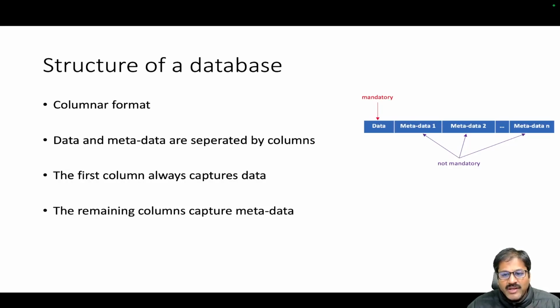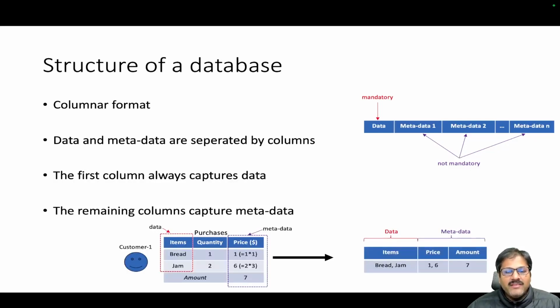The data you create has to be in columnar format with the first column always representing the data. For example, if the customer has purchased bread and jam in a supermarket, then the data, bread comma jam, represents the first column.